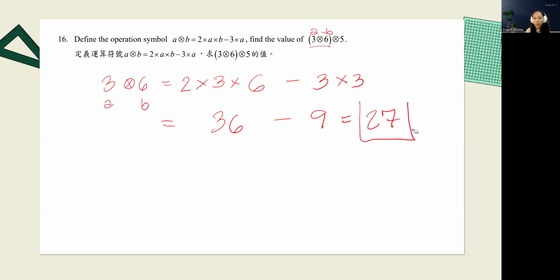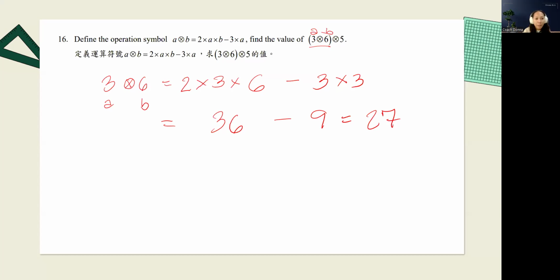But we're not yet done. 27. Remember, 27, symbol 5.